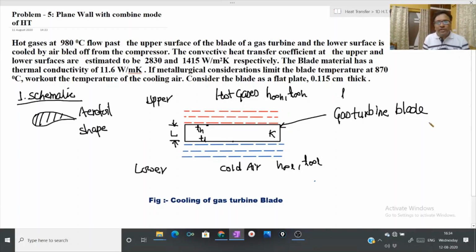Now T infinity H is greater than T infinity L. That is, hot gas is on the upper side, cold air is on the lower side.